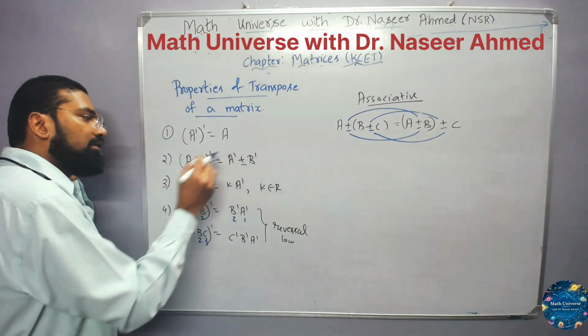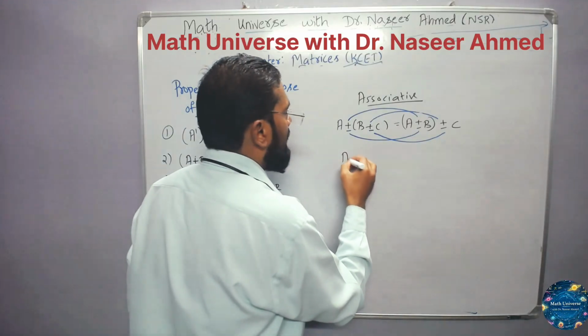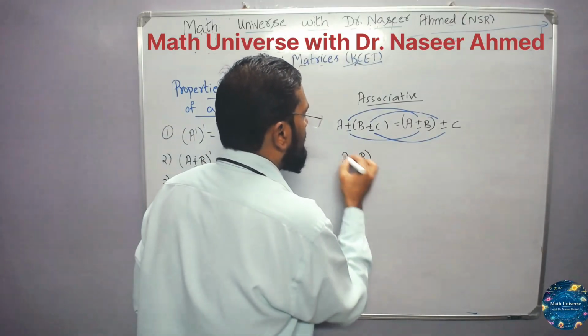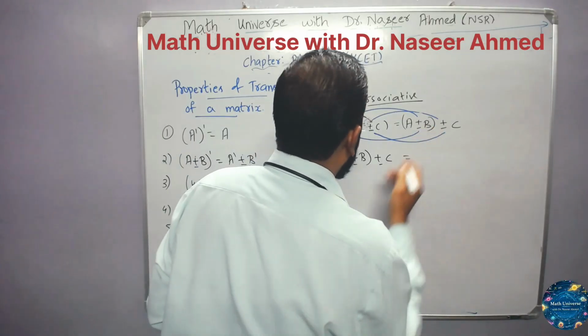If it is plus, this should be plus. If it is minus, this should be minus. Okay, similarly this also, A plus B plus C. If I give minus here again, it can be.